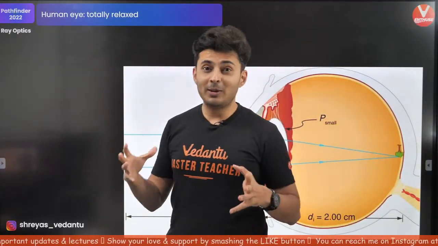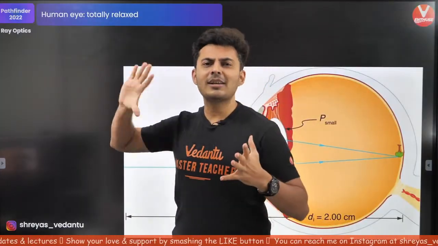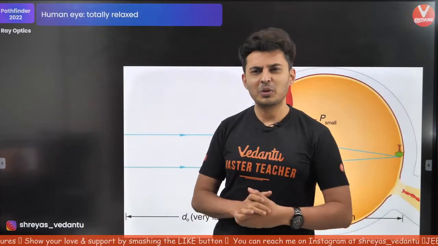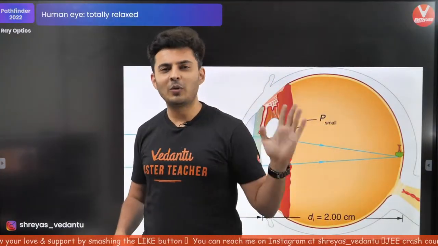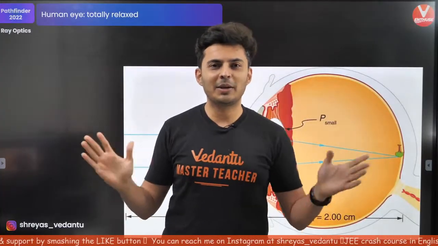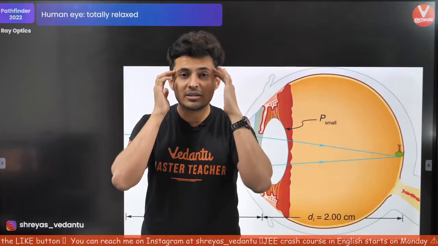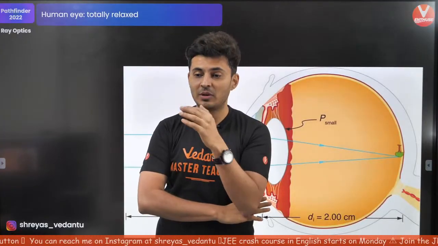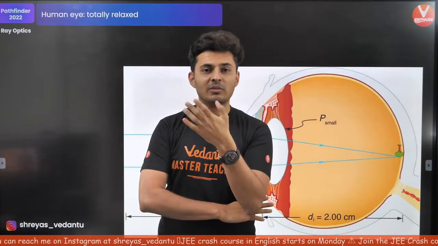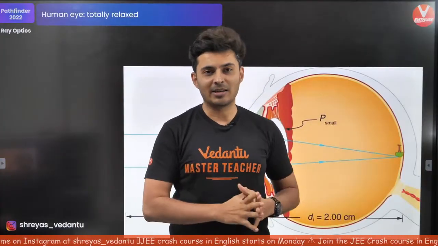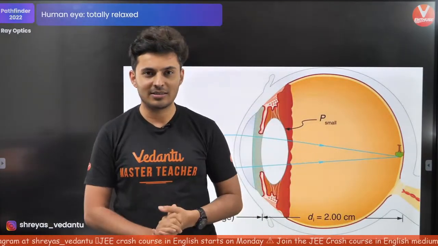Now, the problem is some eyes cannot relax fully. There are some students, no matter what, even when there is a party going on, even when there is some birthday or some celebration going on, they are under tension. Oh my God, so many chapters to complete. Oh my God, this homework. So these are tension parties, right?